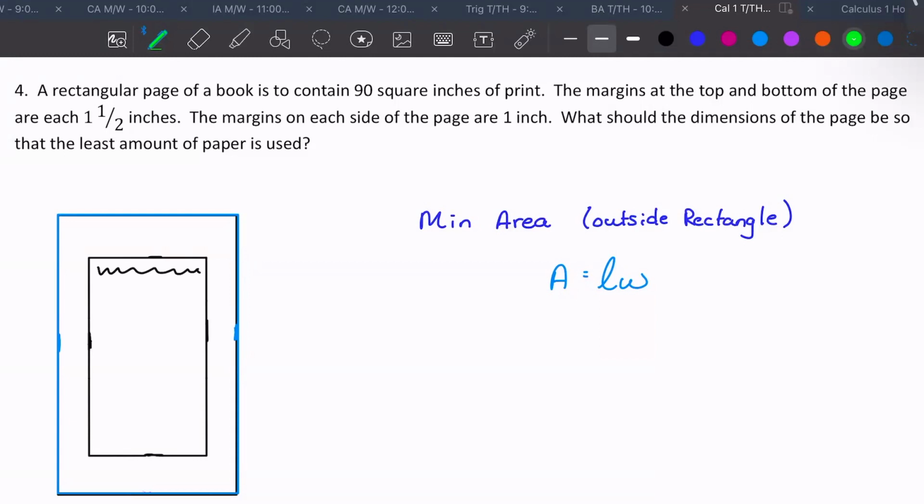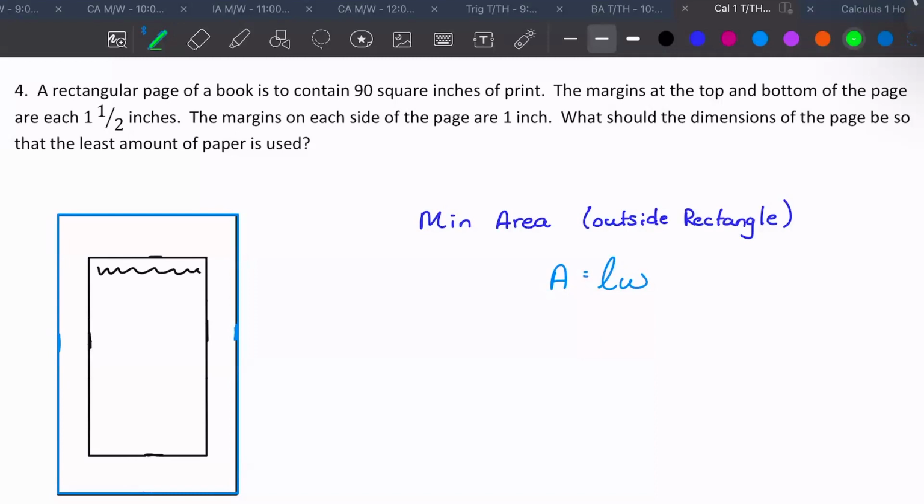Okay, so you have a rectangular page of a book, and then you have 90 square inches of print. So that's what the black page is. That's why I have it scribbled. That's where the print's going to go on the page. We need to find the dimensions of the page so that we're using the least amount of paper.